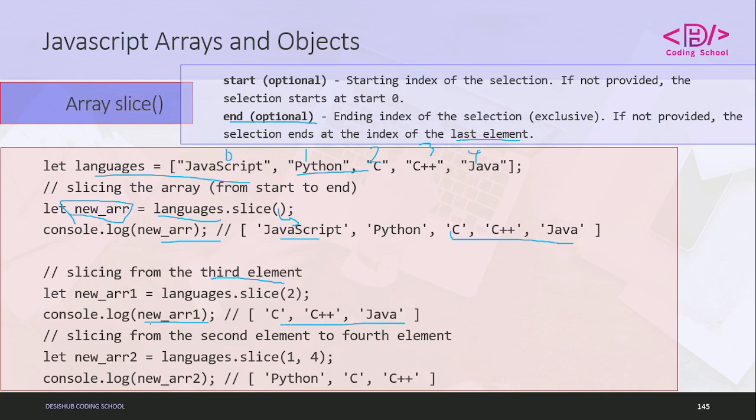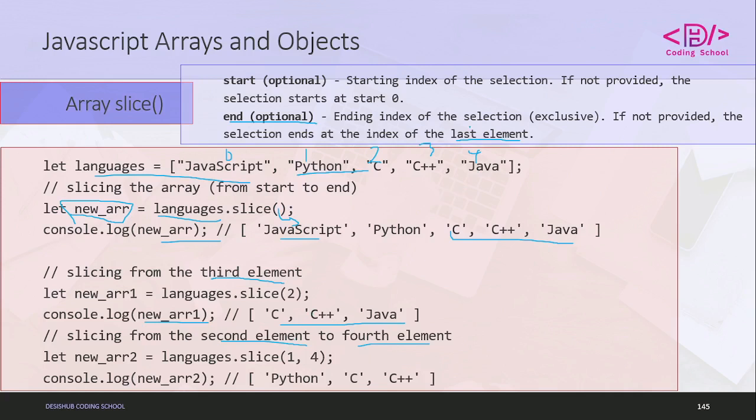Okay, so you can also slice by indicating both the starting point and the end point. For instance, if you put 1 to 4, it will slice from 1, which is Python, and continue up to the last one, which is Java.